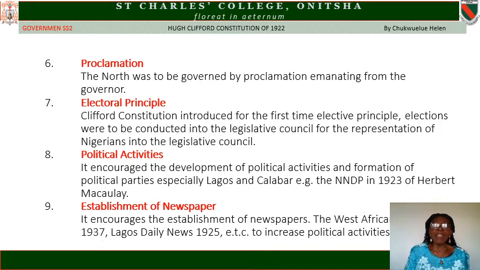And the activities of this daily newspaper won the party, the Nigerian National Democratic Party, all the seats allocated to Lagos in the 1923, 1928, as well as 1933 elections in Nigeria.